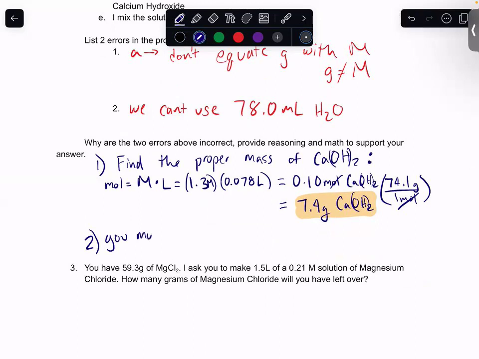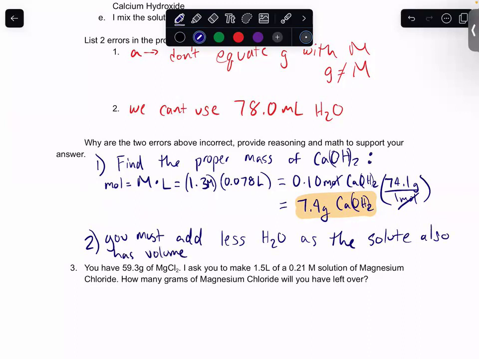you must add less water, as the solute also has volume.